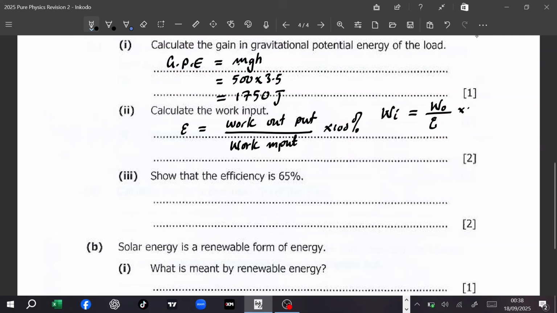The 100 can remain this side, there will be no problem.